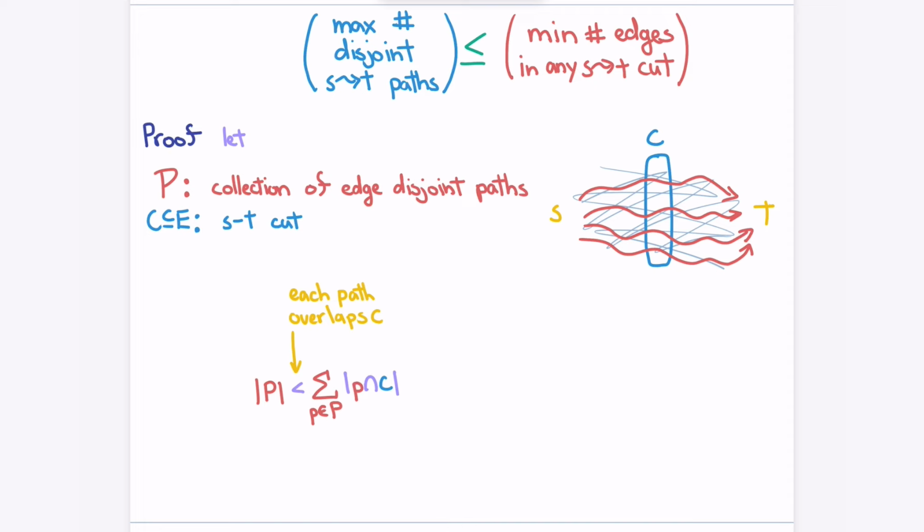So this should be less than or equal. I accidentally erased it. So I can write the size of P as a sum of ones, one for each path. And I know that since it's a cut, there's at least one edge from every path.